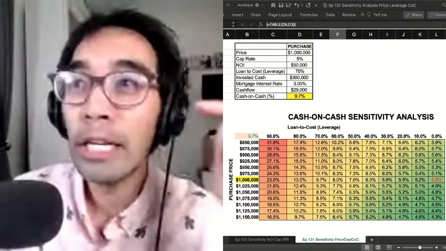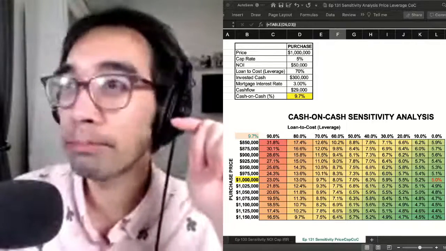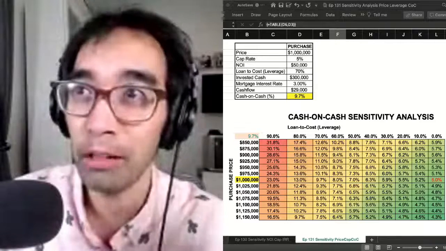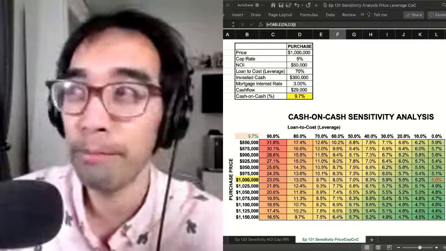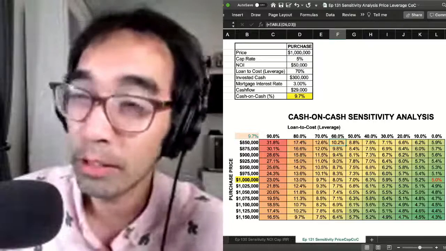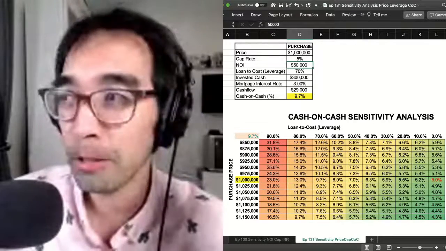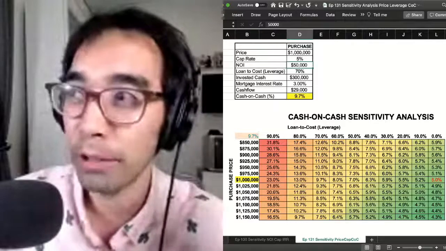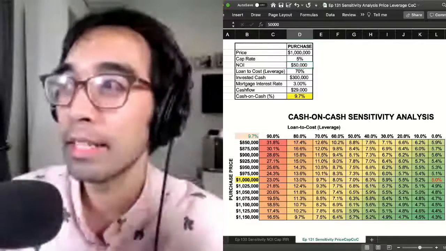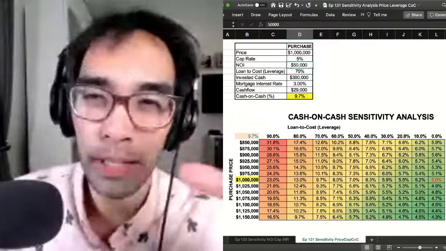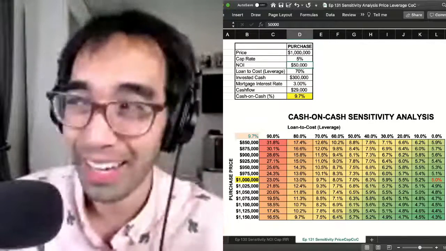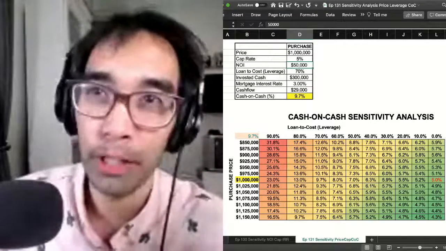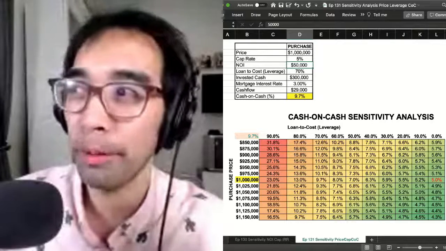Using yesterday's example, purchase price of $1 million, buying at a cap rate of 5%, which would yield a net operating income of $50,000. So you look at the trailing 12, you see $50,000 of net operating income. Let's say that you're not going to spend any money other than just buying the asset, no capital expenditures or CapEx, as we call it.